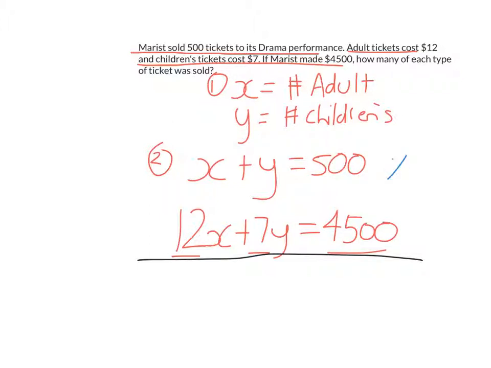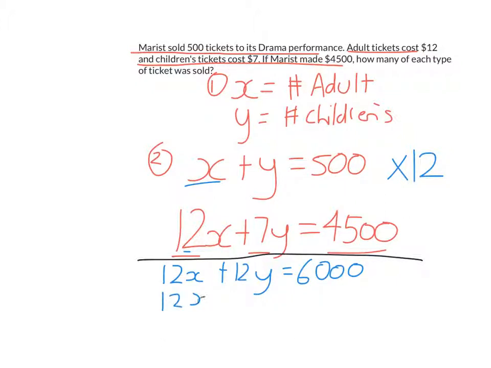So I'm going to multiply this first equation by 12, and that will ensure that the x's have the same coefficient. So multiplying the first equation by 12, x times 12, y times 12, 500 times 12. And then I haven't done anything to the second equation.